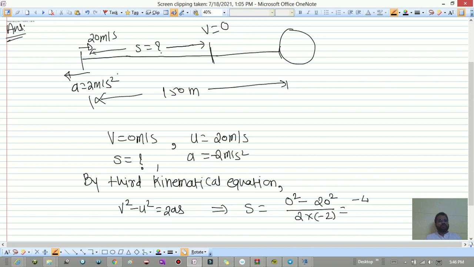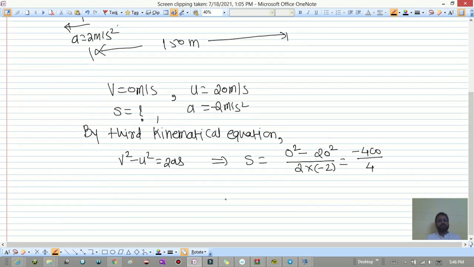So it is minus 400 divided by minus 4. As you can see over here, s is minus 400 by minus 4, so here it is plus 100 meter. So displacement is plus 100 meter.